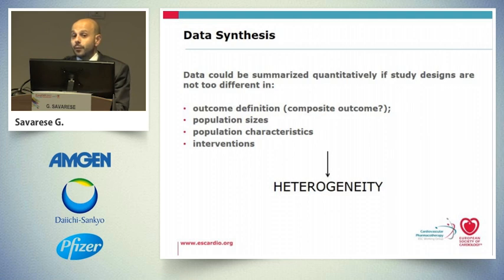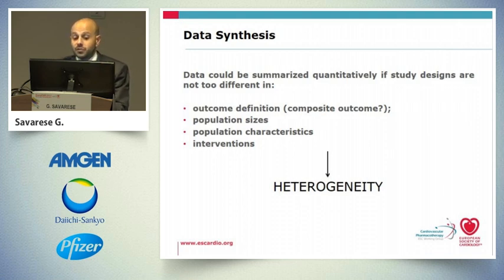For example, if we select trials on a cardiovascular topic, maybe we are interested in the primary outcome, but the definition of the primary outcome can be different in different studies, mainly because often the primary outcome is a composite outcome, and the composite outcome can be calculated in different ways in different trials. So if we are using the primary outcome for the meta-analysis, the primary outcome of all the trials must be calculated in the same way.